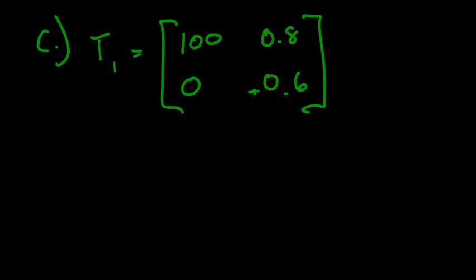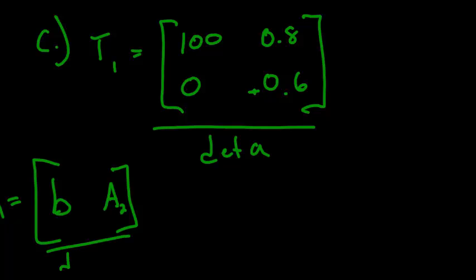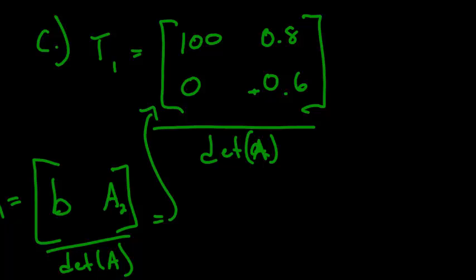What we do in this term is we take our B matrix for T1, this is also over the determinant of A. So if we want to find the first variable of our variable vector, we put B here, and we take the second column of our original matrix, which I'll call A2, over the determinant of A. So we can rewrite this as this up here.